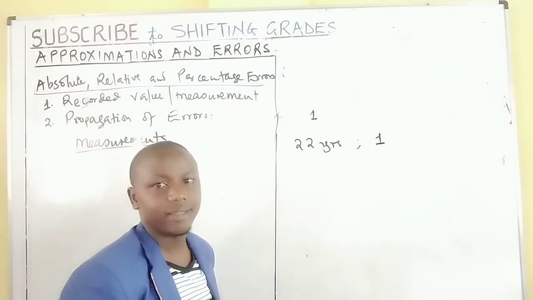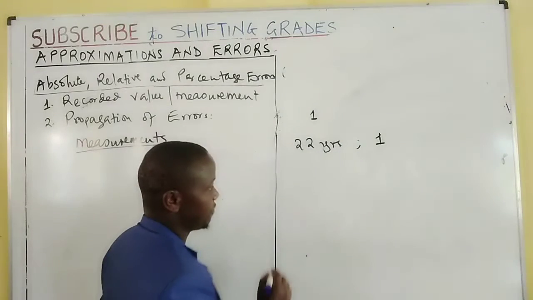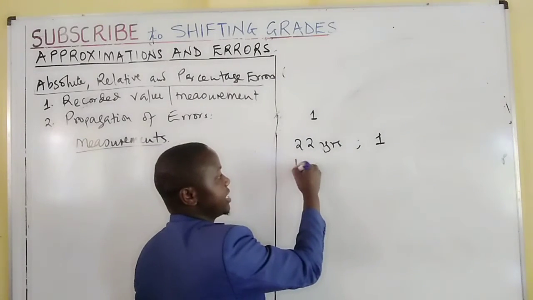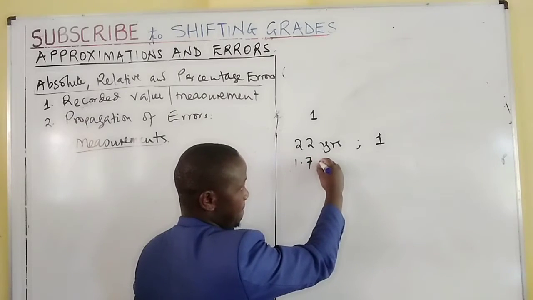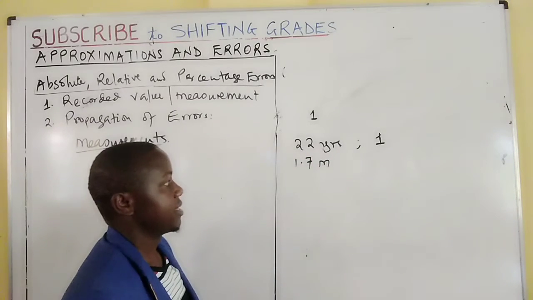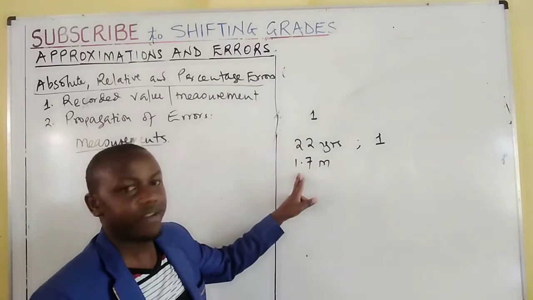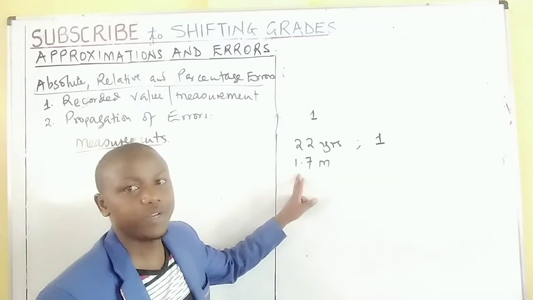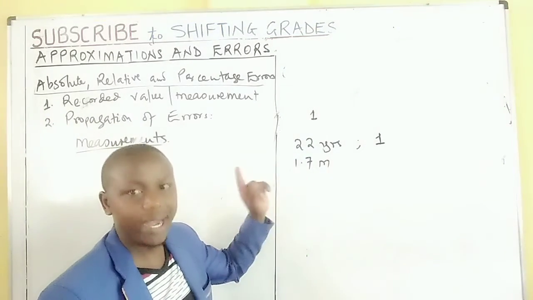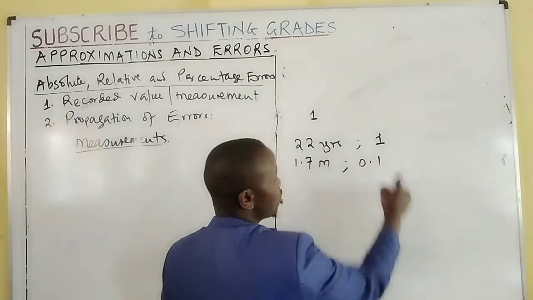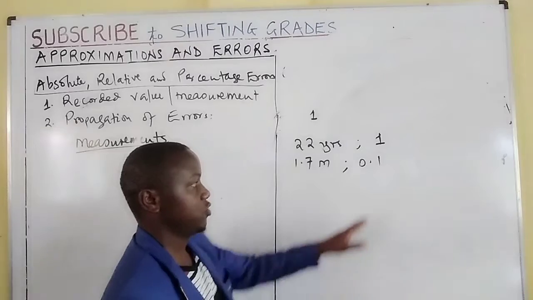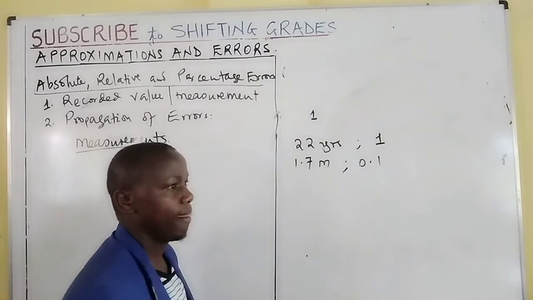When I tell you again, the height of James is 1.7 meters, this has been recorded to an accuracy of 1 decimal place, and we say it has an accuracy of 0.1.